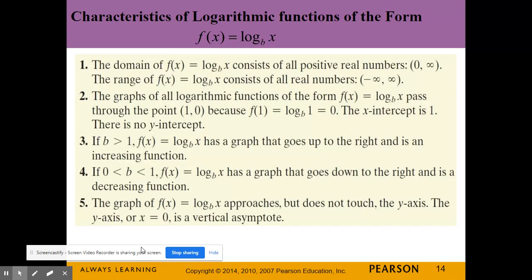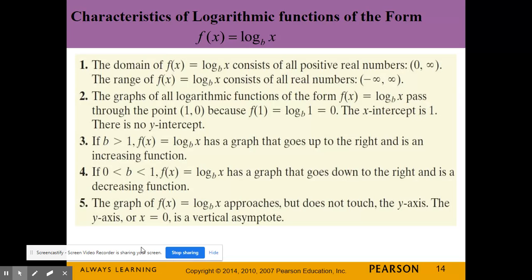If b is greater than 1, f of x equals log base b of x has a graph that goes up to the right and is an increasing function. If the b value is between 0 and 1, the graph goes down to the right and is a decreasing function.